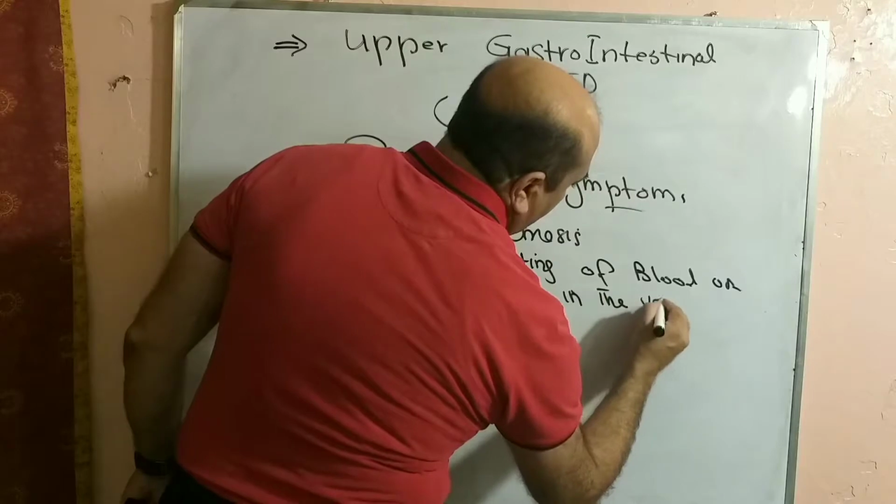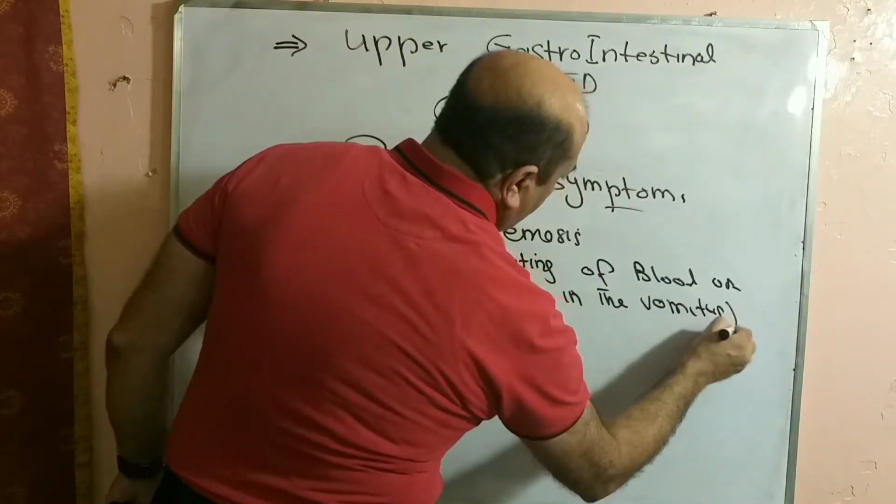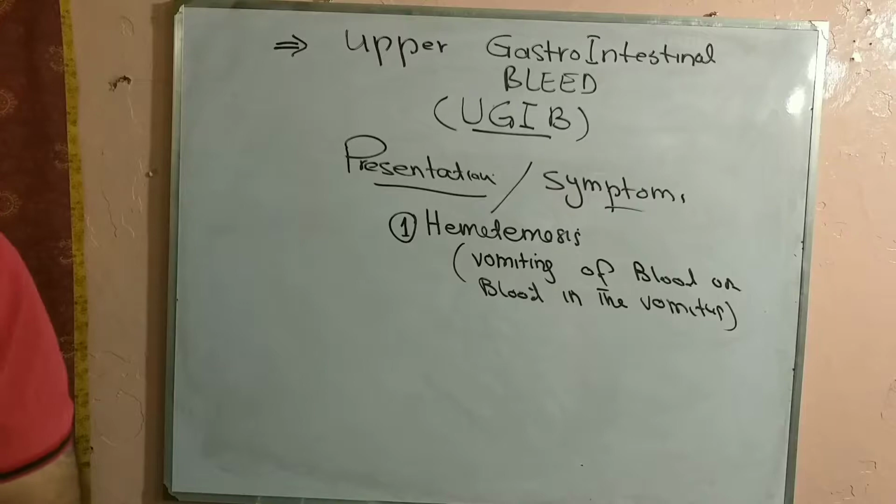In the majority of the cases, this is fresh blood because our mouth is located nearer to the upper GIT tract as compared to our anus. Because our anus is located far away from it, the blood which is being thrown out through this orifice of our GIT tract will be fresher as compared to the one which is coming from the downside of the tract. So hematemesis or vomiting of the blood or blood in the vomitus is one cardinal feature of the patients of the upper GIT tract bleeding or upper GI bleeding.